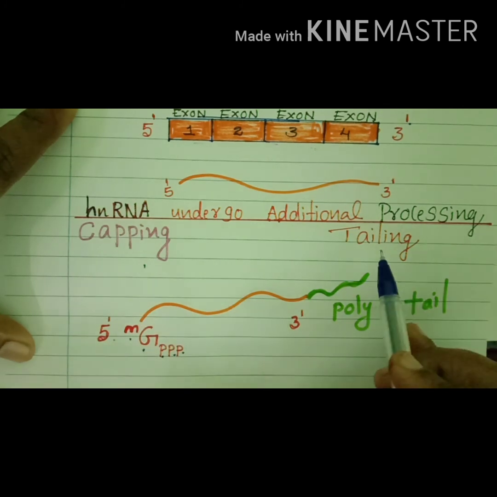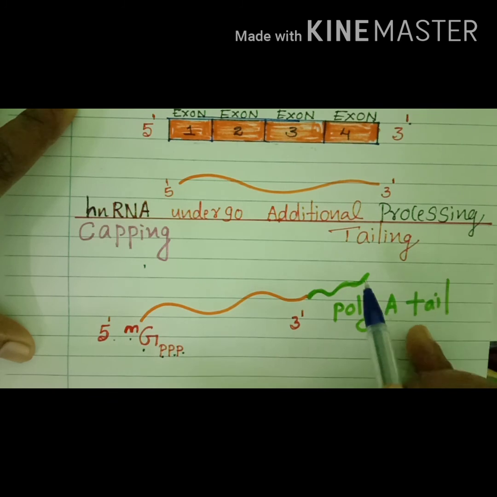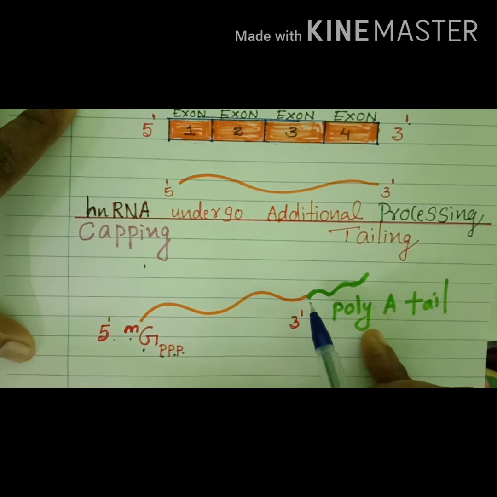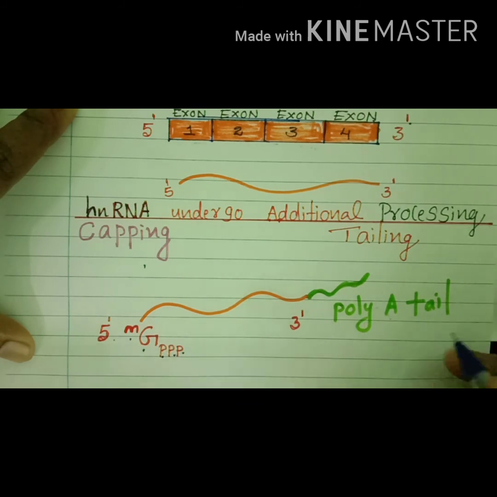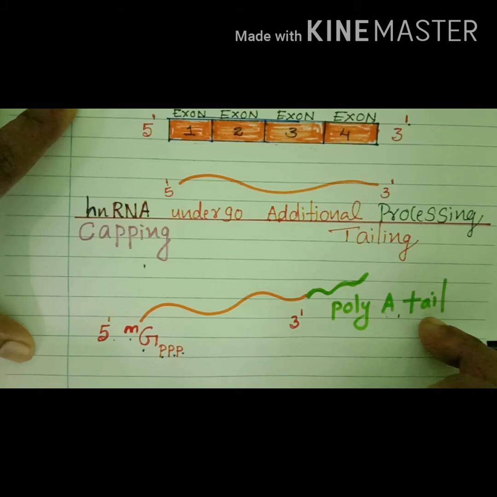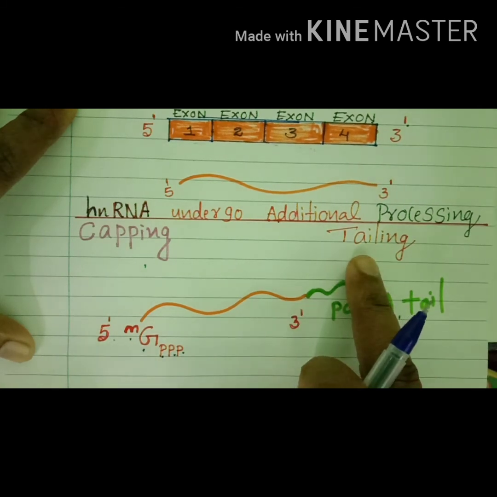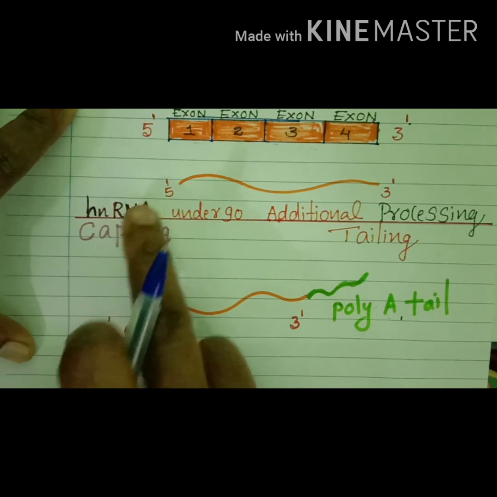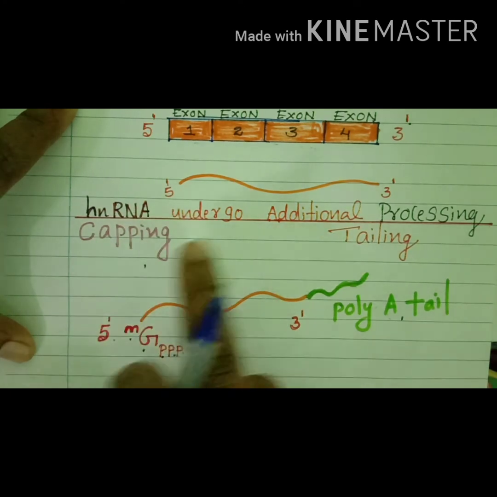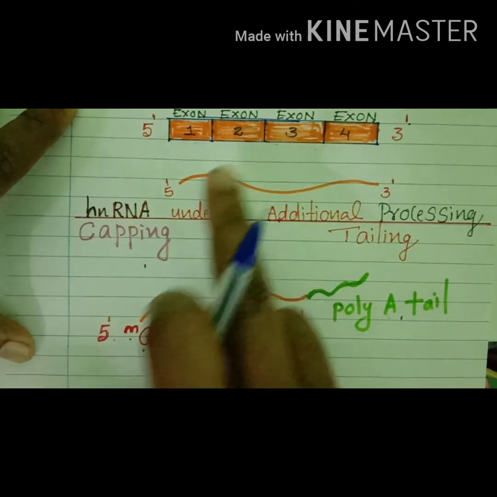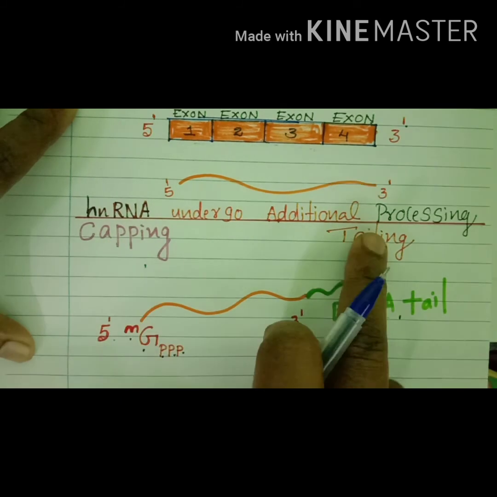And the second event is tailing, onto the 3' end. Onto the 3' end of this hnRNA, polyadenylate residues are added. That process is called tailing. So hnRNA will undergo 2 more processing steps in addition to splicing: capping and tailing.